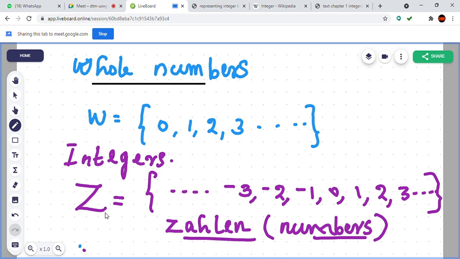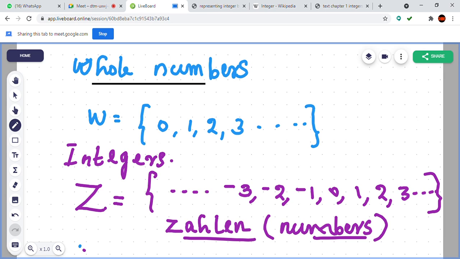Or otherwise, all positive numbers, all negative numbers including 0. That is integers. Integers we can represent by the letter Z. Z is the notation of Zahlen, a German word, and the meaning of that word is numbers.